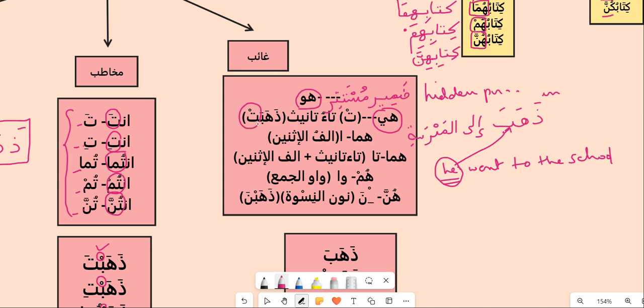It's known as the ta tanis with the sukun. The recognition point of the ta tanis is it always comes with a sukun over it. The moment you see the ta with a sukun over it after the past tense verb, know that it is the sign of femininity.